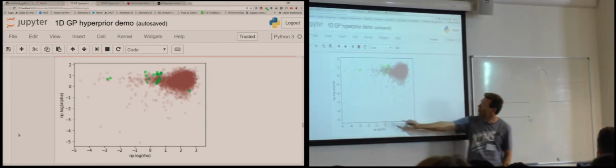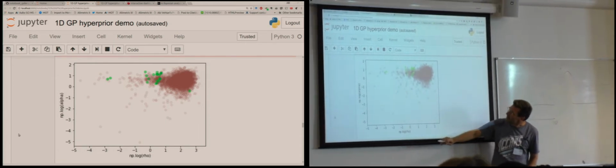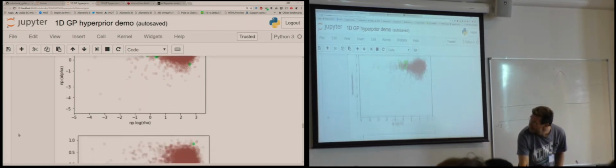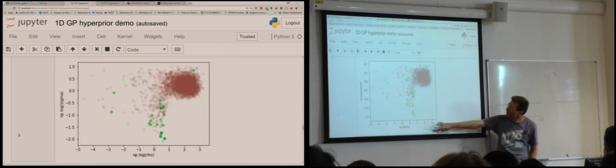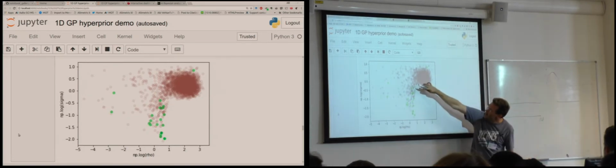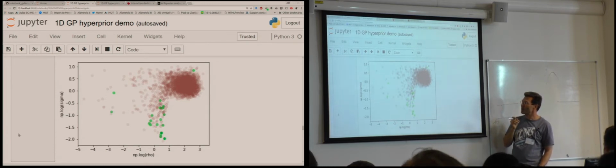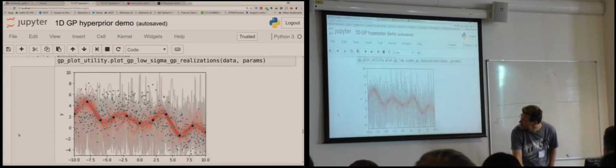So this is now the log length scale, and then there was the log magnitude, log length scale, and log noise sigma. Now I'll show you the predictions and then come back to this figure.